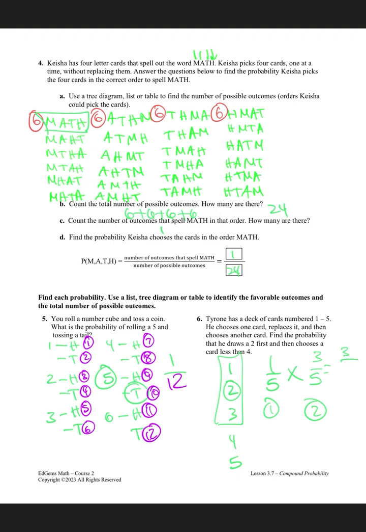And then denominator times denominator, which is 5 times 5, and that's 25. Not 35, Mr. Burns, 25. So there's a 3 out of 25 chance that he draws a 2 first and then chooses a card that is less than 4.